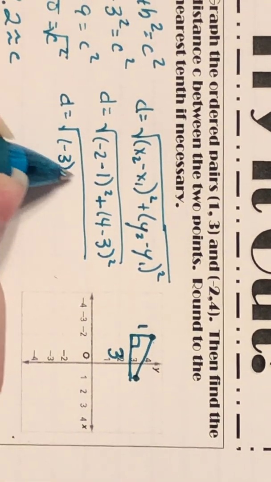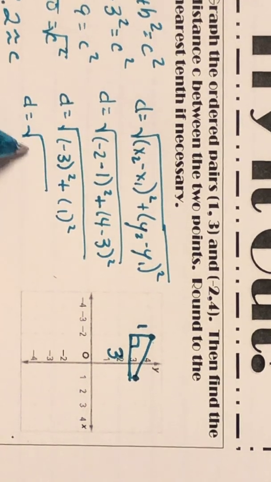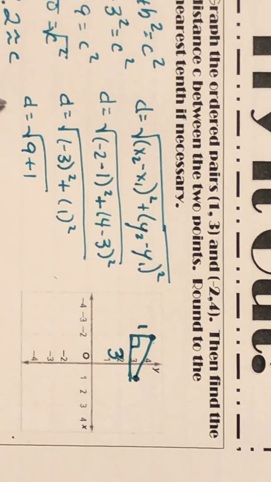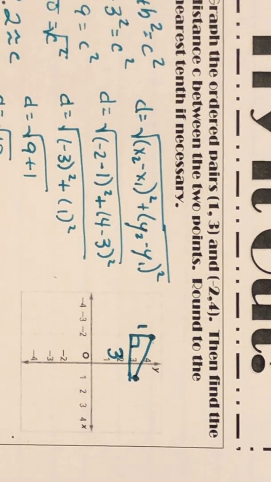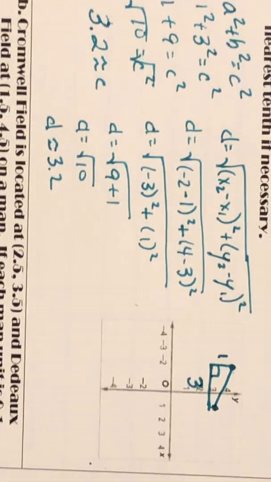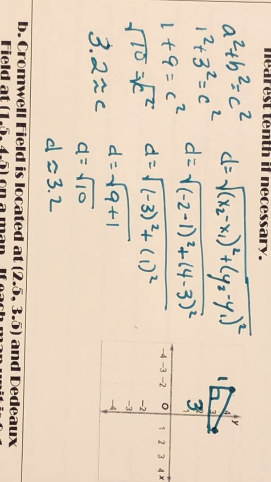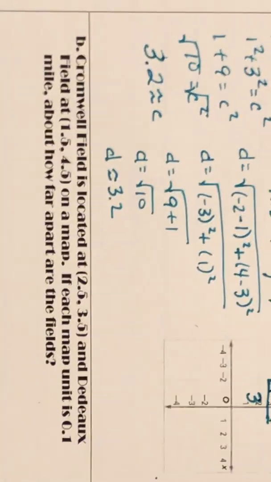So this is negative 3 squared plus 1 squared. So it's 9 plus 1, which is the square root of 10, which is approximately 3.2. Okay. Either way, you still get the same answer.